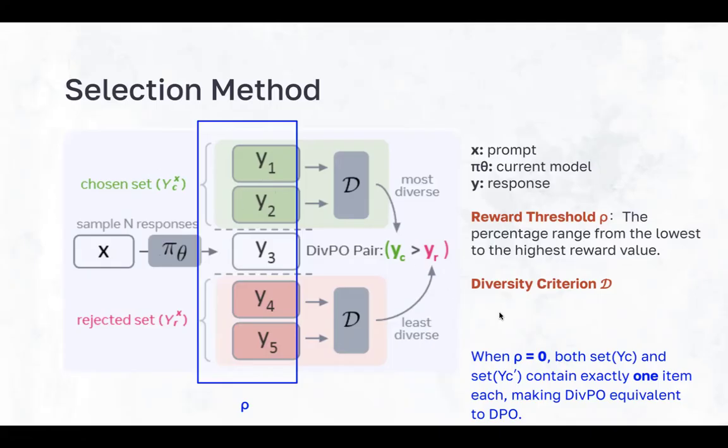So all of these sets will only have 1 item each, making DIVPO equivalent to DPO. Because if we only have 1 in this part, we only choose this 1. So everything becomes the same.